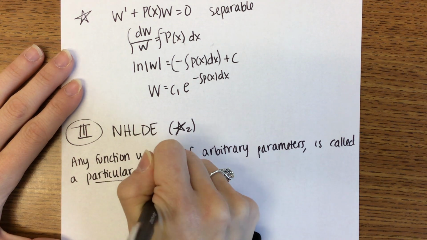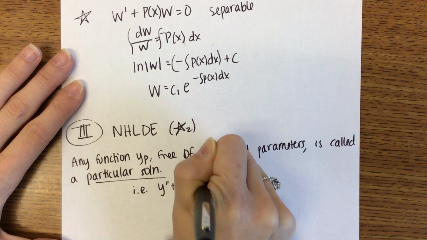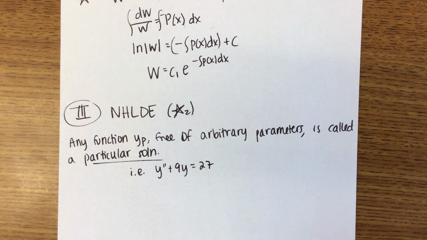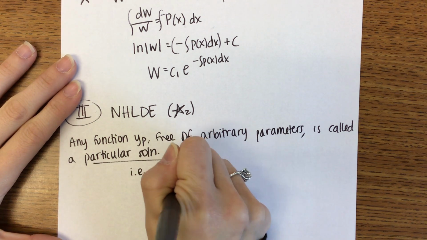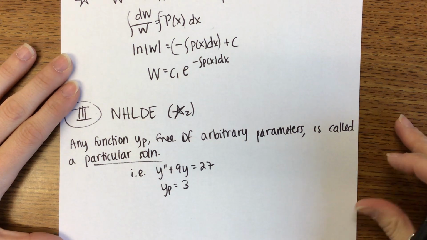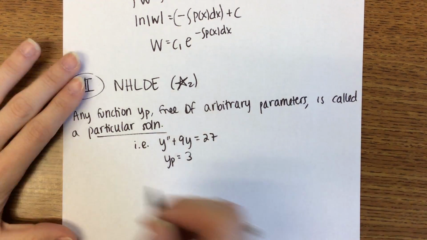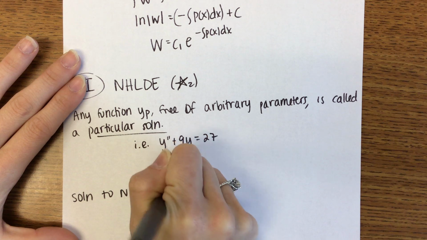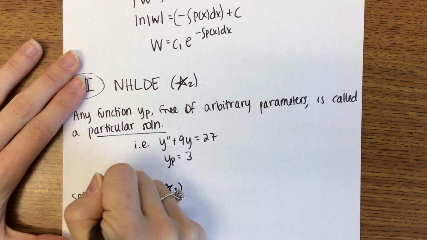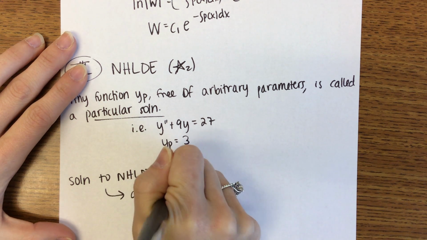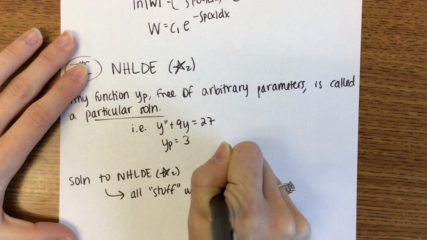For example, if you have the differential equation y double prime plus 9y equals 27, this would be non-homogeneous because it's equal to 27, not 0. One particular solution would be 3. You should be able to see that you can plug that in and it works. That's a particular solution to a non-homogeneous linear differential equation. We'll solve those eventually, not today. But what I need you to know is that all of the stuff we talked about is the same.